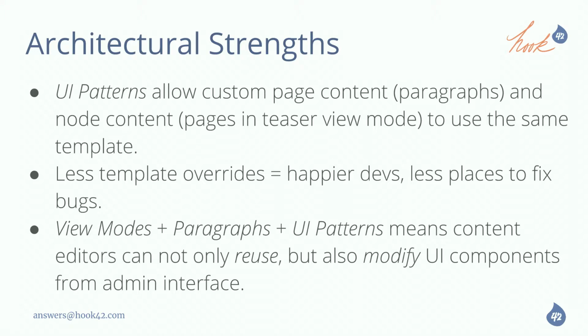We could have our page content and node content actually use the same templates, which was really, really useful. We ultimately had to do a lot less template overrides because we were able to reuse that code in multiple places.